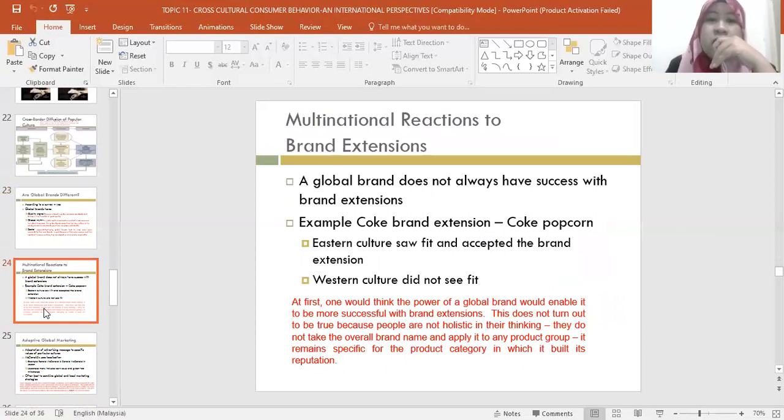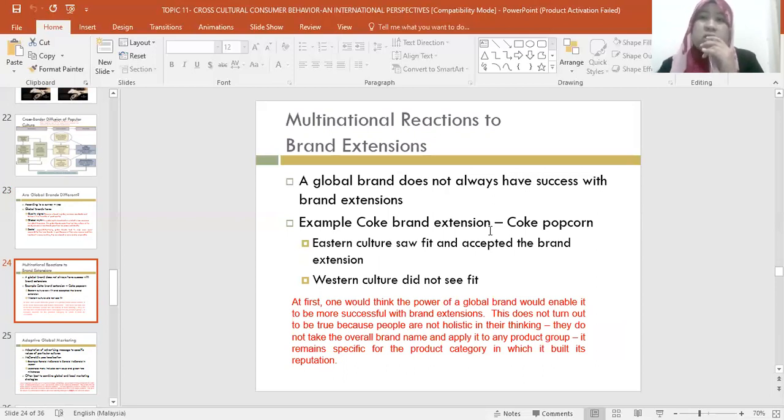Multinational reaction to the brand extension. Okay, so in here, brand extension is a brand that is combined, coupled, with an extension. A global brand does not always have success with the brand extension. For example, they have the Coke brand extension, the Coke popcorn. Eastern culture sees it as fit and accepts the brand extension.